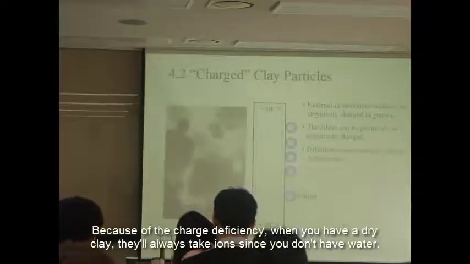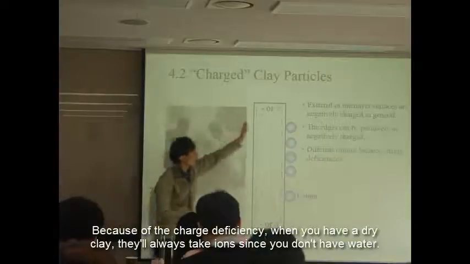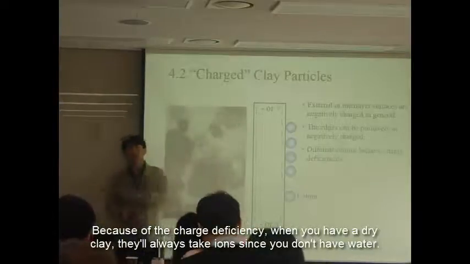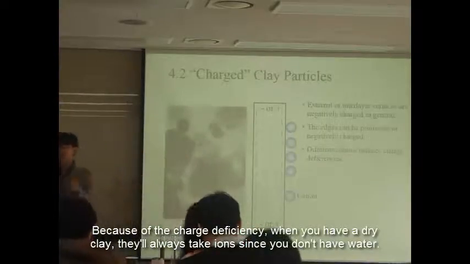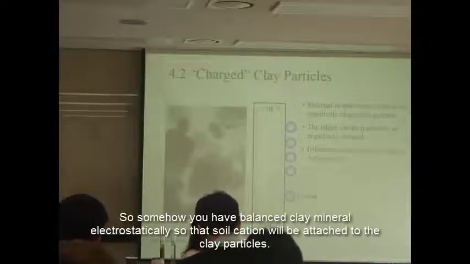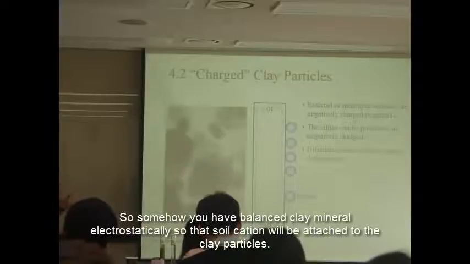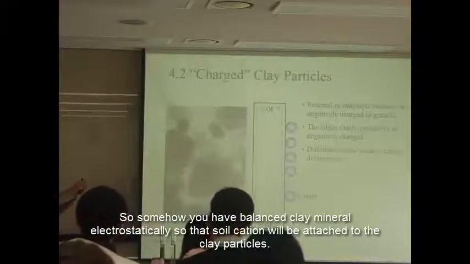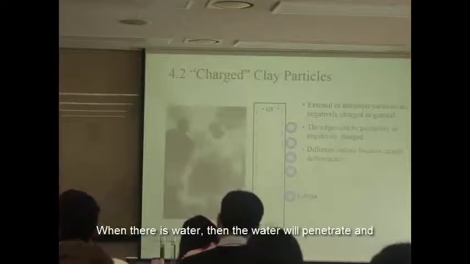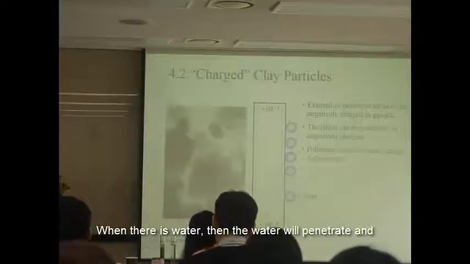So in general, because of the charge deficiency, when you have a dry clay, there are always cations because you don't have water. Somehow you have to balance the clay mineral electrostatically. So the sole cation will be attached on the clay surface. And when there's water, the water will penetrate and separate the cation and hydrate it.